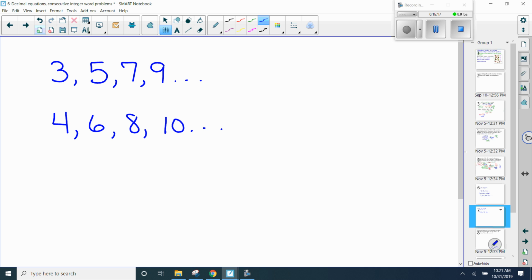So here's the next thing for your note cards. Consecutive even or odd integers. There's a difference of 2. So x is going to be your first one.